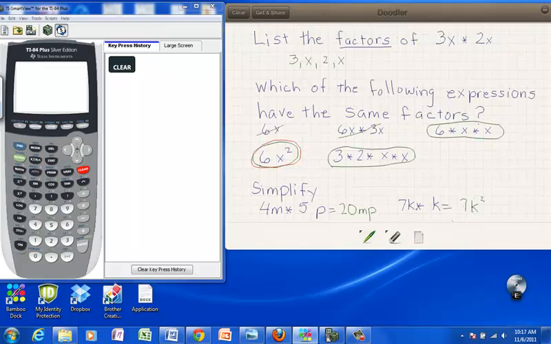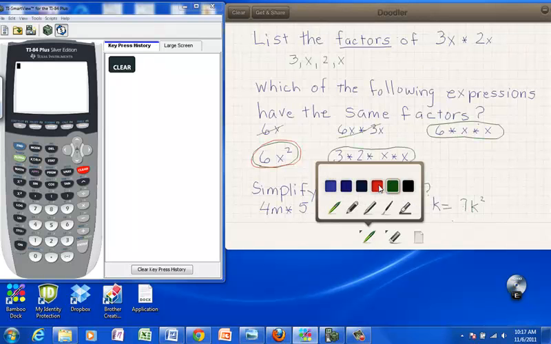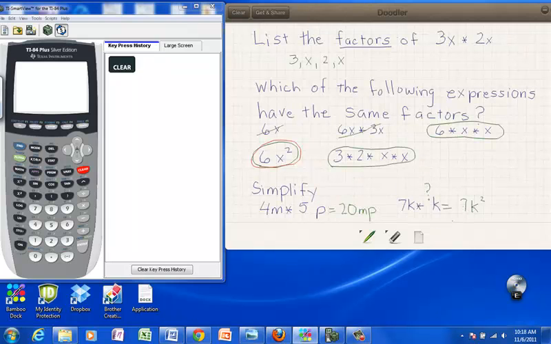Now, one thing we might talk about is that over here we had 4 times 5. Here we have 7 times... What number is the coefficient of k? Well, remember that the coefficient of k, if it's not written there, is a 1. So 7 times 1 is 7. So that works there.